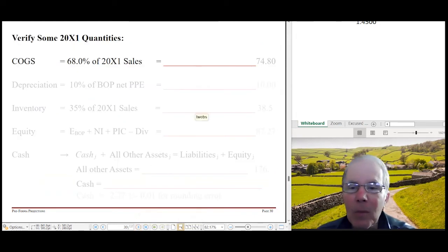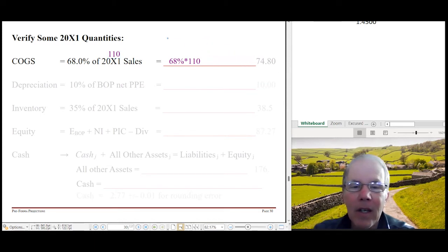So let's just compute some of the quantities that we haven't computed already. For COGS, we actually looked at that, but anyway, I'll just put it in for us again. So it's 68% times 110. And let's note that 20x1 sales are equal to 110.